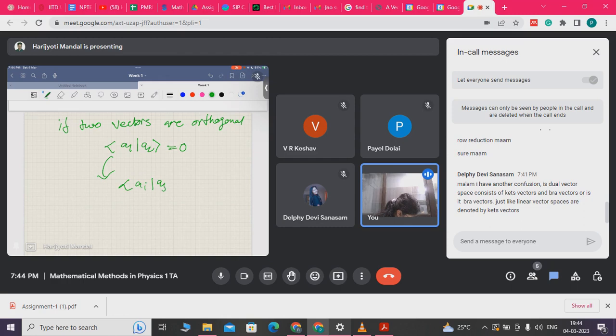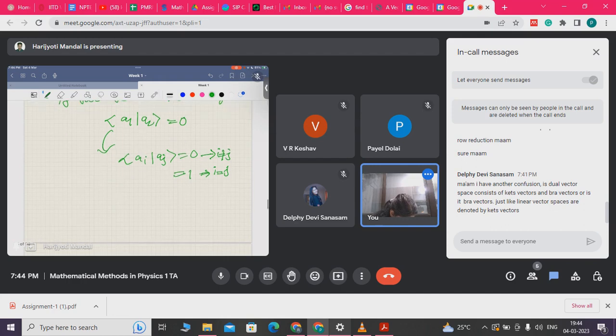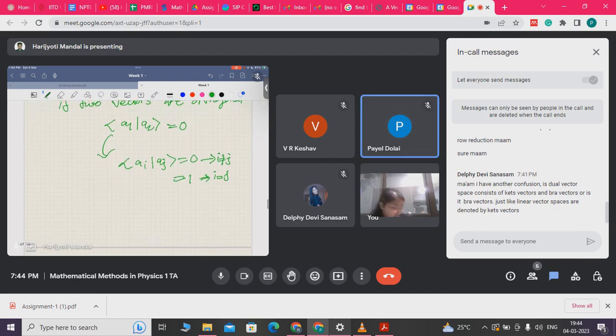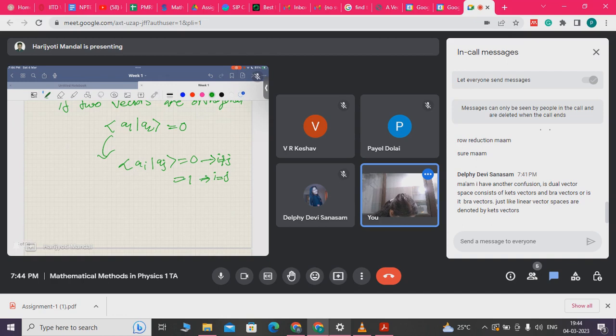The condition of orthogonality is that a1 a2 needs to be 0. So it can be generalized: ai aj needs to be 0, but it is not always 0; a1 with itself has to be 1. So we can write it this way: when i is not equal to j, it is 0, but when i is equal to j, it is 1.